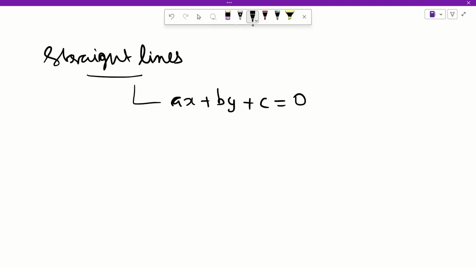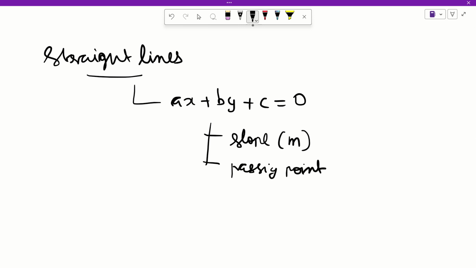What all are we going to study based on this equation? We are going to study slope, which is represented as m. We are going to study the passing point. Then we are going to study intercepts. Okay. Let us start with slope.